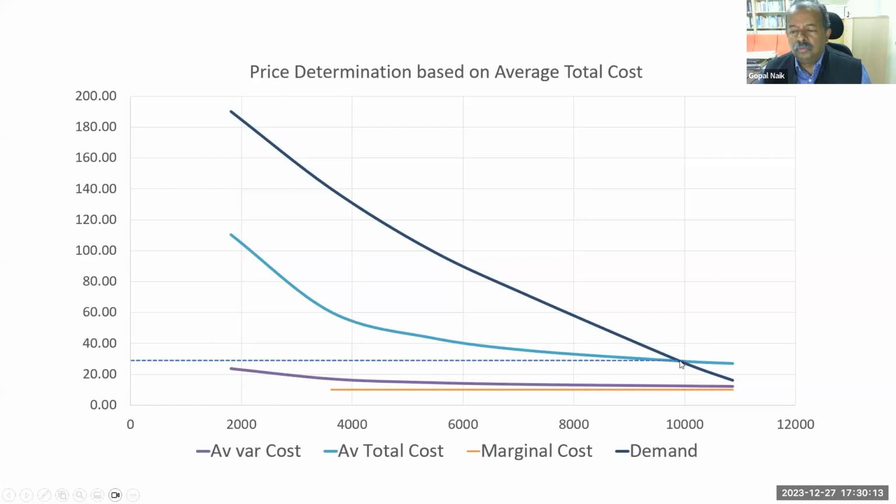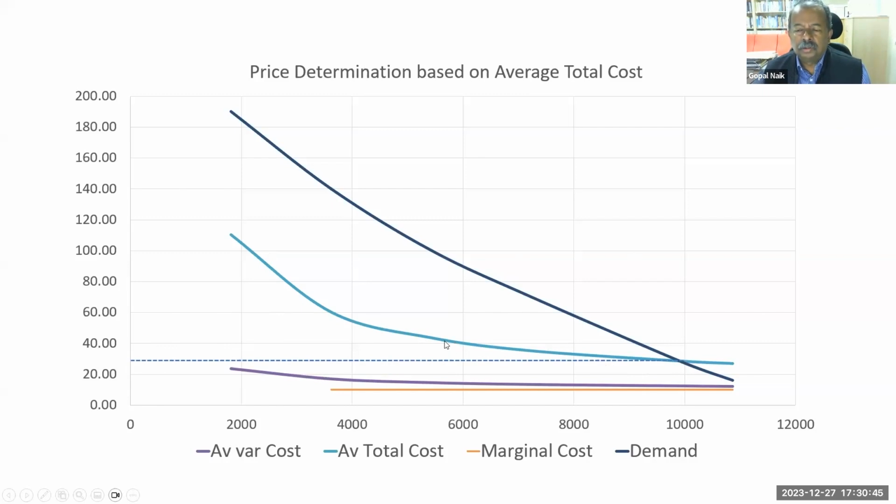And so therefore, if we want to recover full cost at 55 liters of LPCD supply, then it essentially says that you need to charge this price, which is about 28 rupees or so. So that is how you can determine the price in order to supply 55 liters of water, given the average total cost.